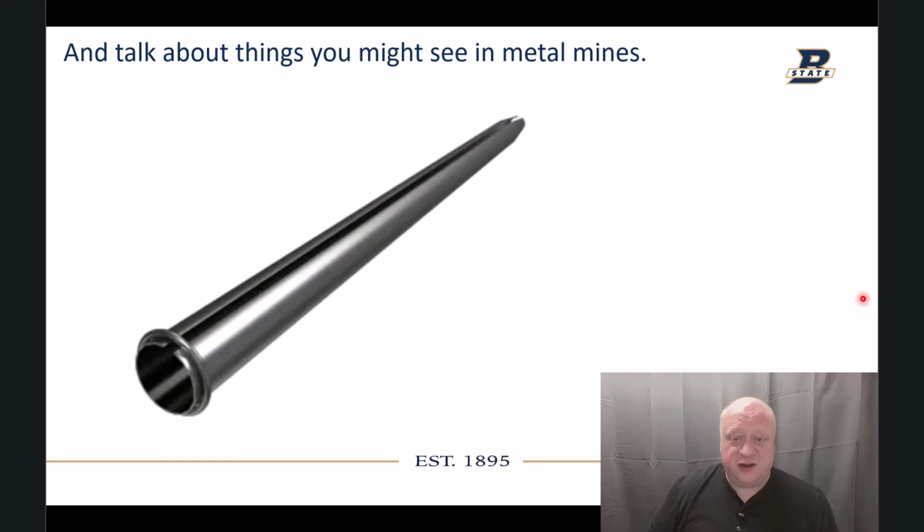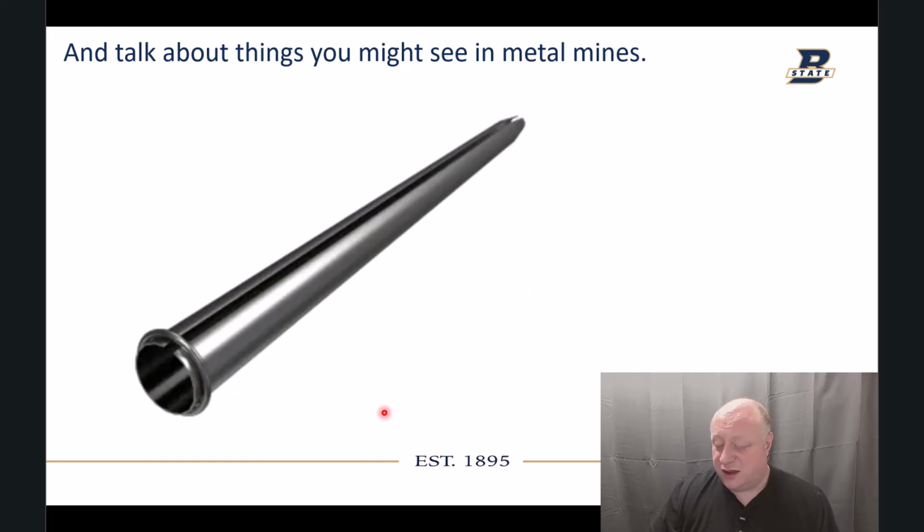We'll also talk about things you might see in metal mines. For example, this is a friction bolt. You would have a plate on this end, and you would insert this into a hole, and you expand the pipe with water, right? It's just the friction that holds it in place. We also call these split sets, which, as far as I know, is a brand of friction bolt.